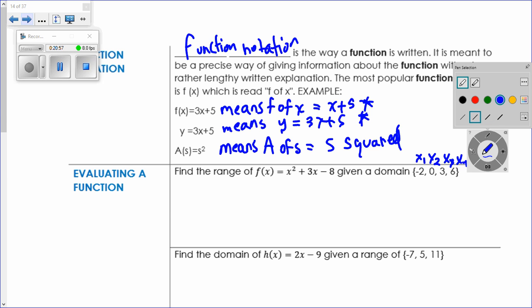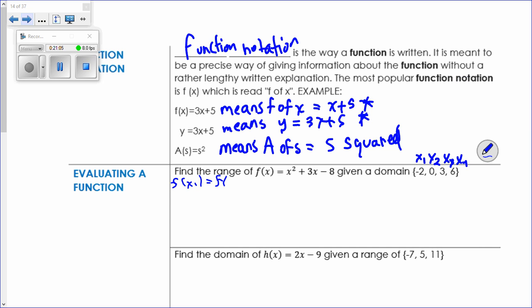For x1, f of -2, I plug in -2: -2 squared plus 3 times -2 minus 8, which equals 4 minus 6 minus 8, which equals -10.